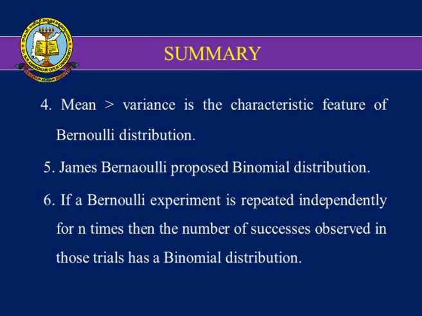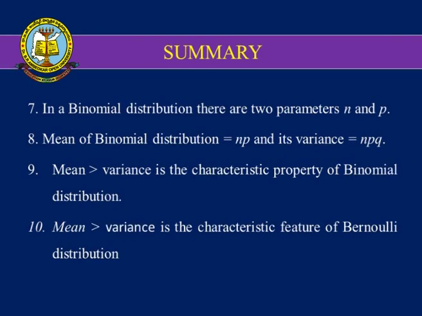If a Bernoulli experiment is repeated independently n times, then the number of successes observed in those trials follows a binomial distribution. In a binomial distribution there are two parameters, n and p. The mean of the binomial distribution is equal to np and the variance is equal to npq.